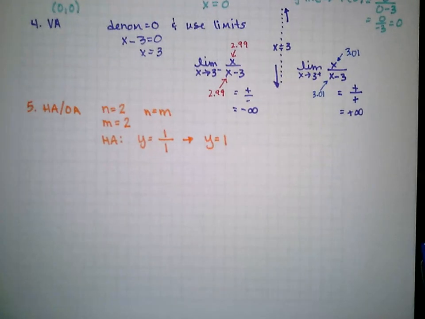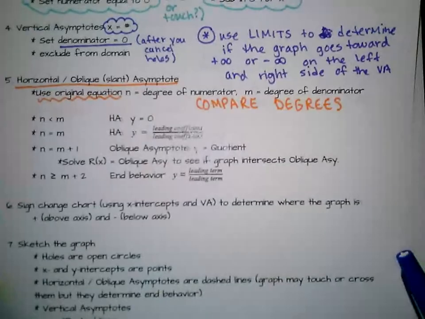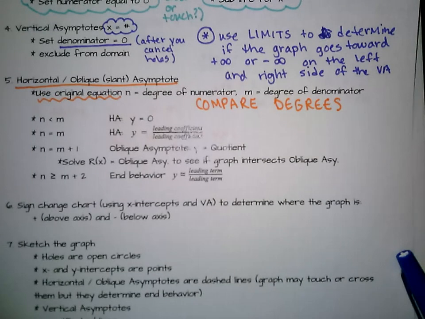Then we have, oh shoot, I want to talk about this. During section 2, I made the statement that a function can cross a horizontal or oblique asymptote.